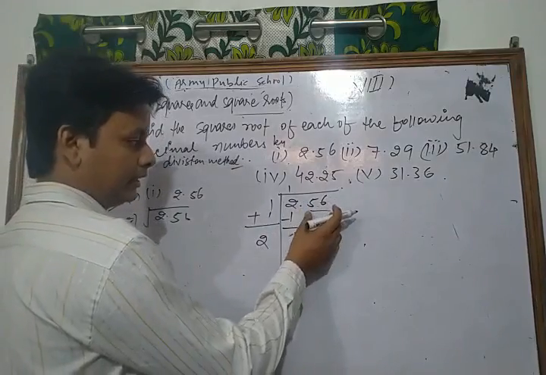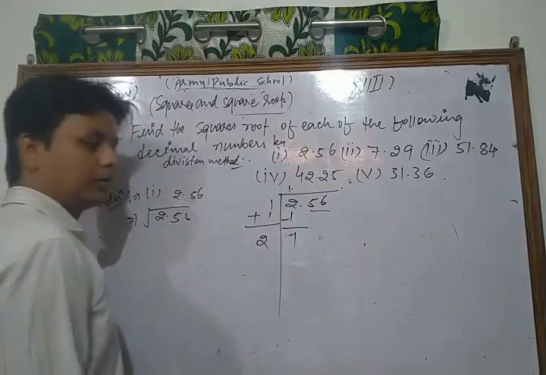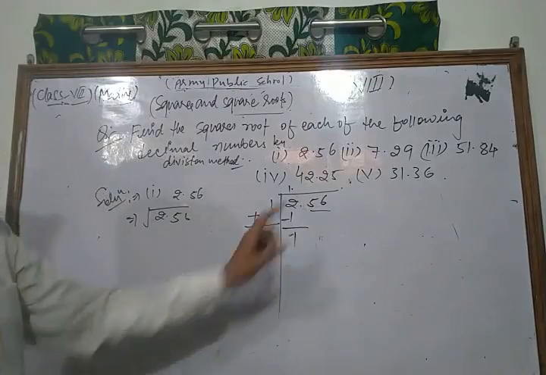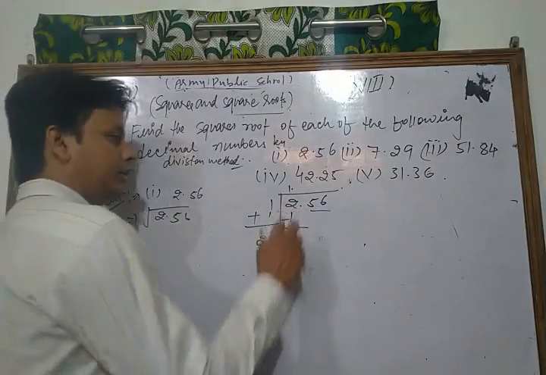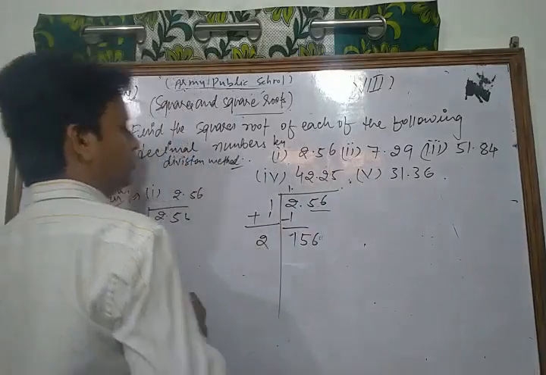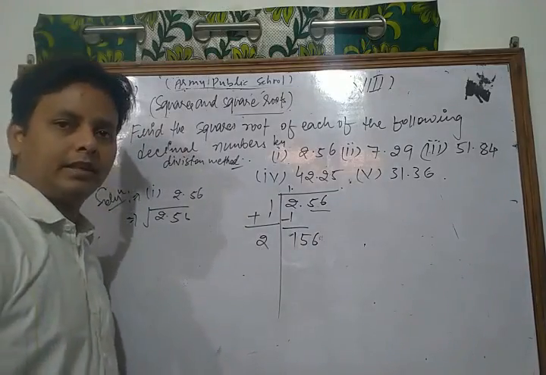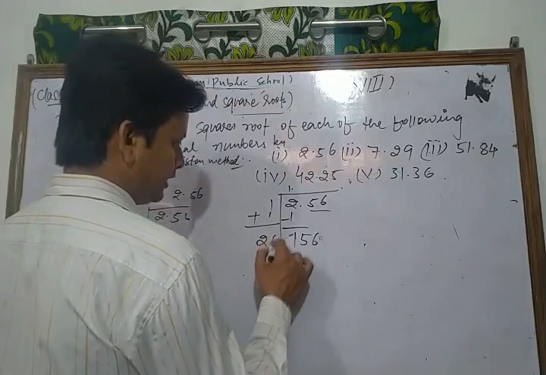After writing this pair, we write the decimal point in the quotient, because the decimal takes place after one digit. Now we write 56. How many times do we take? 6 times. Here we write 6, and here we write 6.